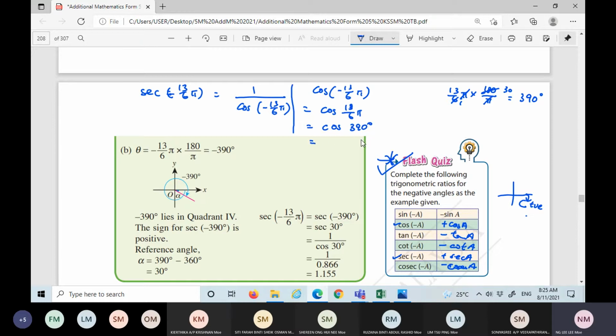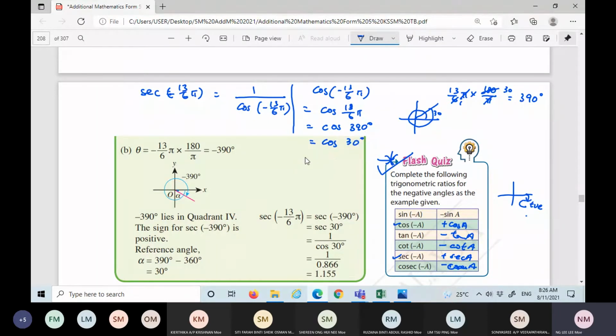This is more than 360, so you have to minus 360, and it will go back to the first quadrant. One whole turn is 360, and 390 needs 30 degrees more, since 360 plus 30 is 390. It means this is the same as cos 30 degrees.